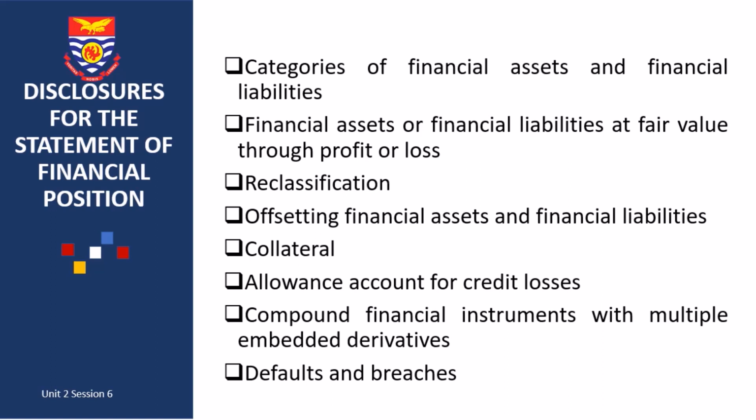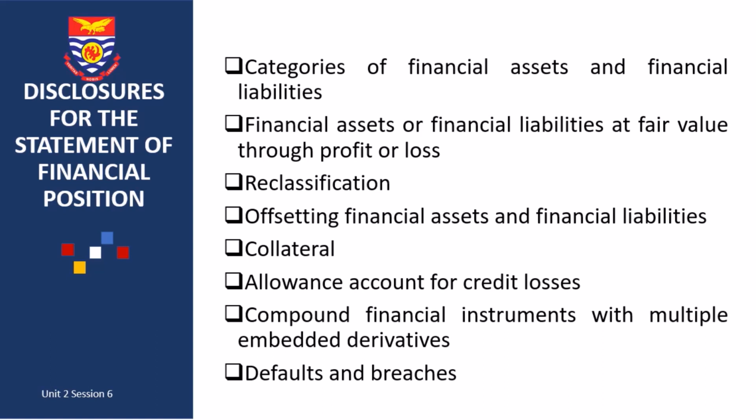You also have to disclose the allowance account for credit losses. So if there is any loss that you've incurred as a result of the financial instruments, and you prepared an account with regards to that, you have to also disclose that.